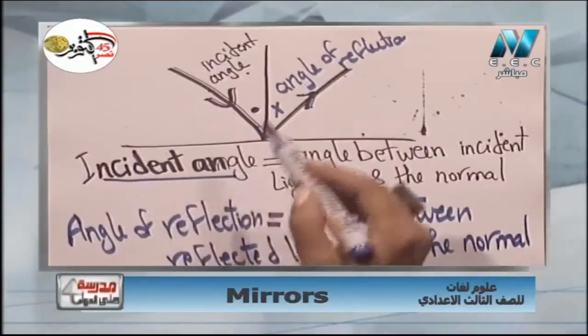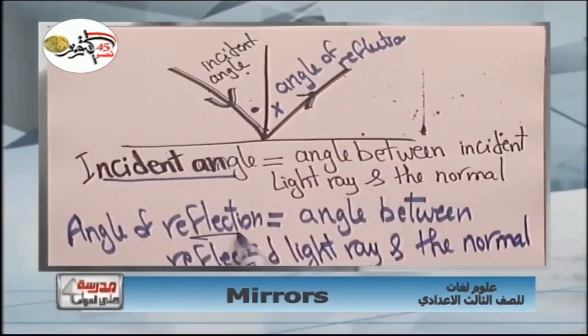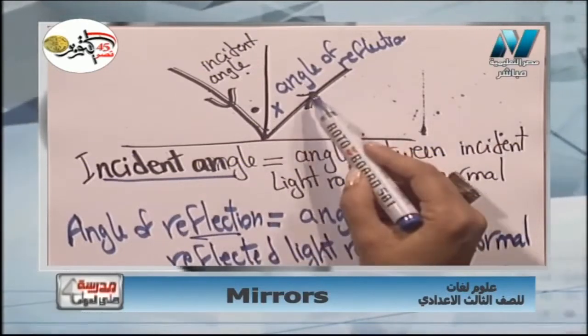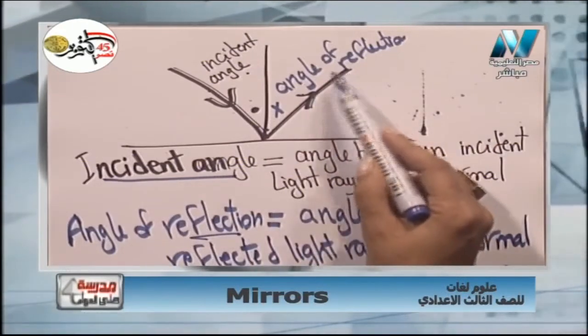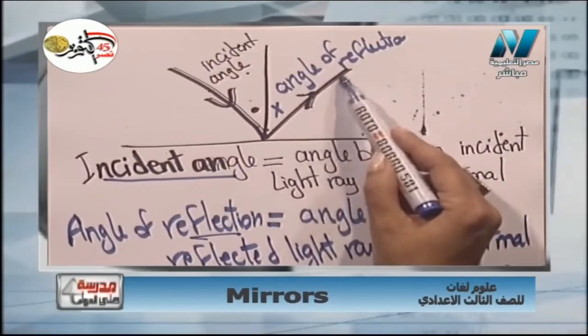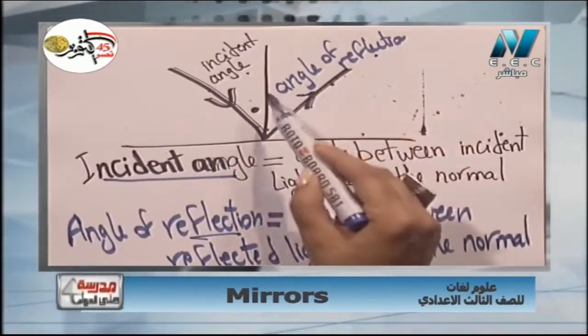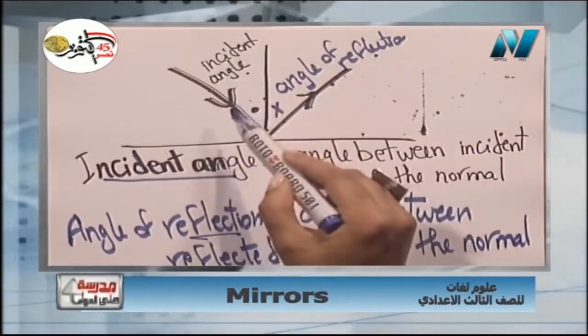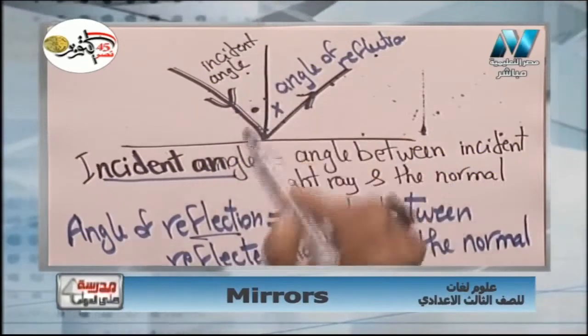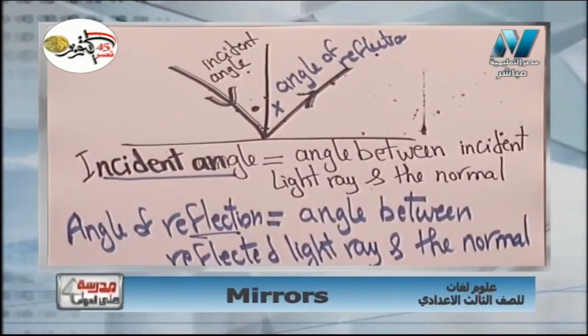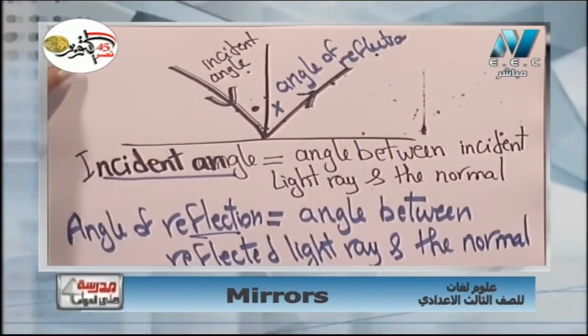Okay, so we have now the incident angle, this one, and this angle, reflection. Both of their names are like the ray next to them. Angle of reflection between the reflected ray and the normal. Angle of incidence between the incident ray and the normal. The first law of light reflection is the angle of incidence equals the angle of reflection.